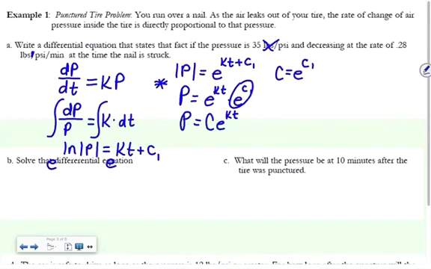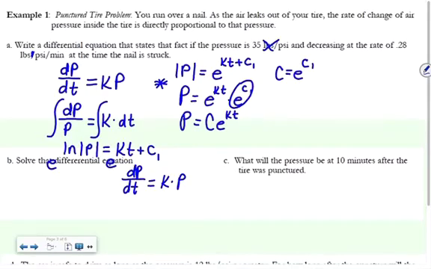Okay, so let's take that differential equation from the beginning. dP/dt equals kP. Tell me what dP/dt is based on that information.